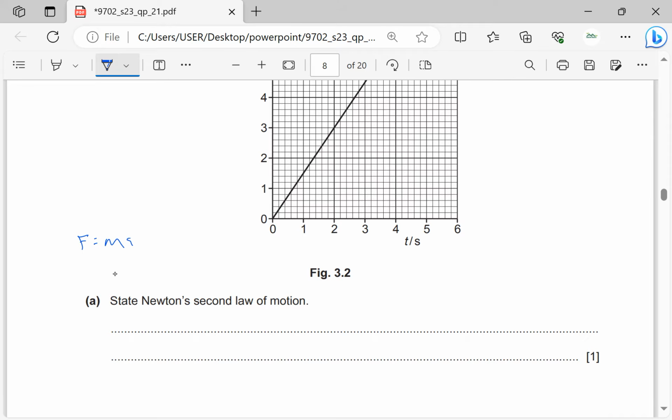So I'll simply say the resultant force on an object is directly proportional to the rate of change of momentum.